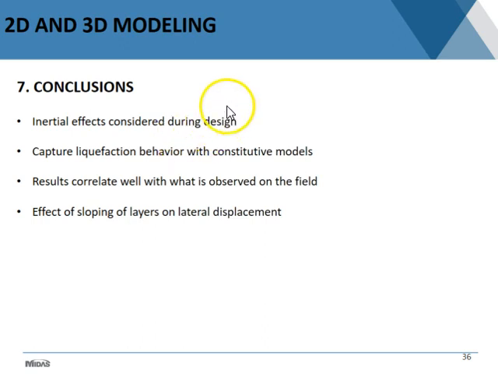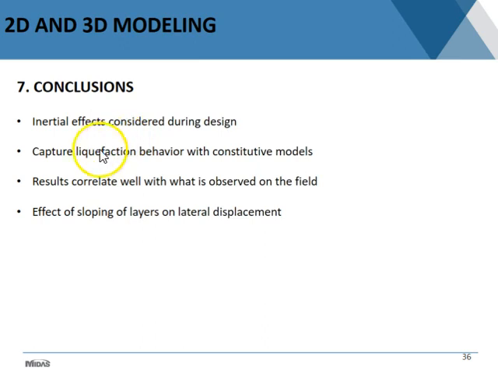So simplified models, in my opinion, are a good way to go as a first step. But if you deal with this type of issue, you should go into numerical modeling, because that lets you capture liquefaction, at least in a general sense, but it also gives you more information about the areas that are really going to be affected by liquefaction, how liquefaction is going to take place during the earthquake, and if it's going to be simultaneous or not with the inertial effects.